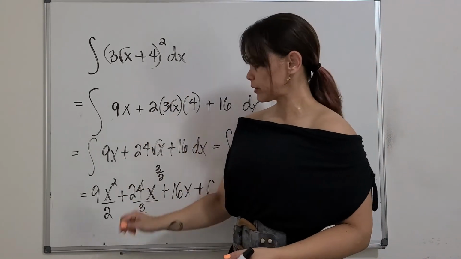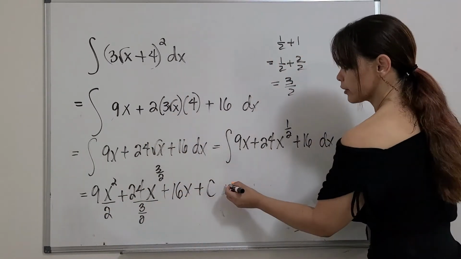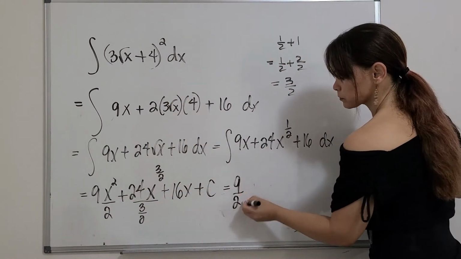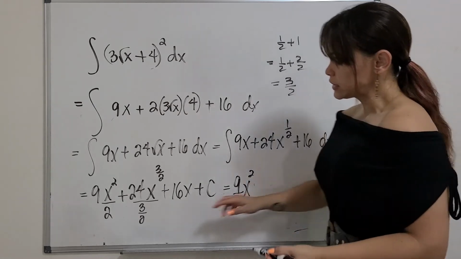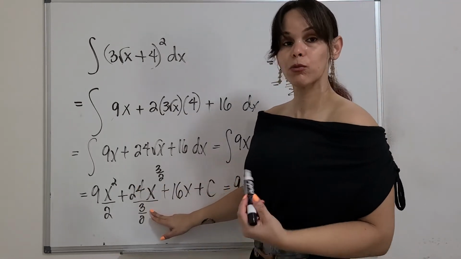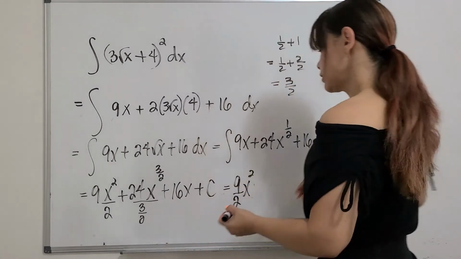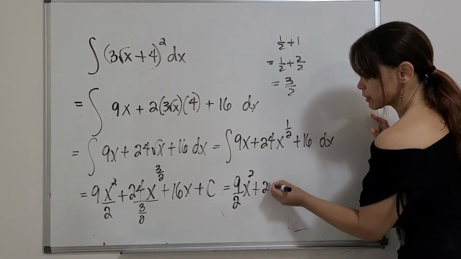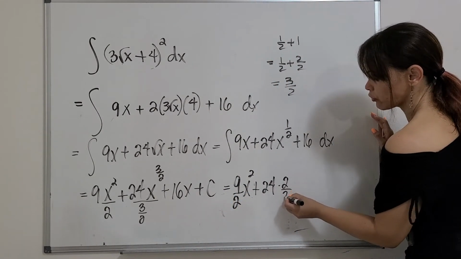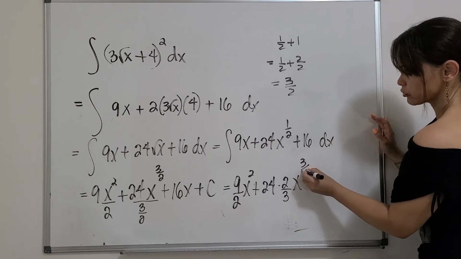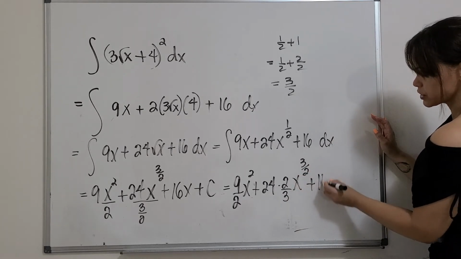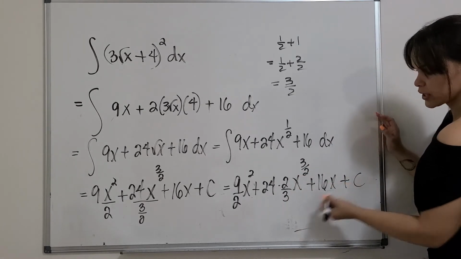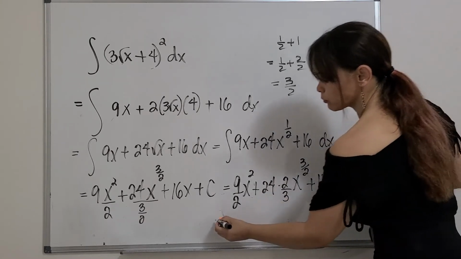And simplify a little bit, okay? So here we have 9/2 x squared. Dividing by 3/2 is the same as multiplying by the reciprocal. So dividing by 3/2 is the same as multiplying times 2/3, x to the 3/2, plus 16x, plus c. Okay, and I'm just going to finish it off here multiplying.